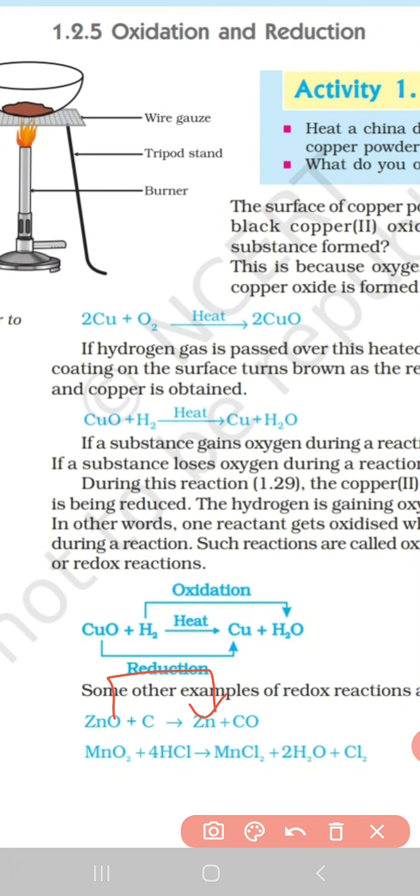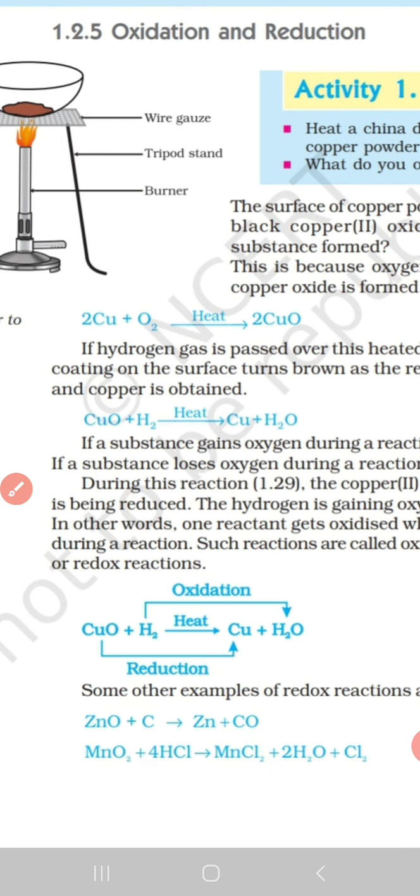Zinc gets reduced here and carbon gets oxidized here. Such a reaction is also called a redox reaction. This is one more example.